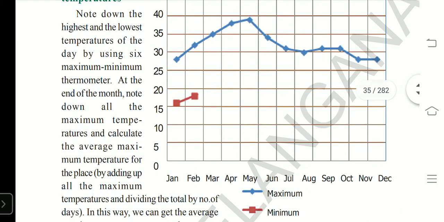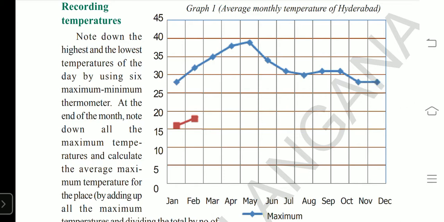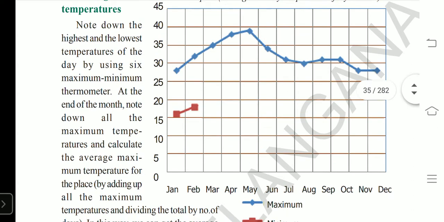In that way, the temperature is recorded. Do you know how the temperature is recorded? First, we need to take temperatures of every month, right? At the end of the month, note down all the maximum temperatures.